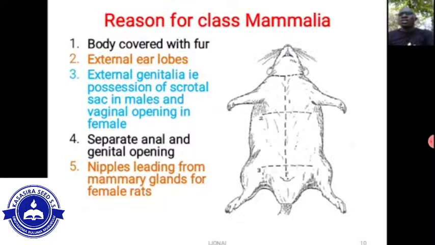In some classes, like the amphibia, they have only one opening, that is the cloaca, which is used for both genital but also anal functions. But for the case of mammals, they have separate openings. The genital pore, and then there is also the anal pore, and those serve, of course, different purposes. So that's another unique characteristic of mammals. Then they have nipples leading from the mammary glands, especially for the females. Yeah, the females have nipples.